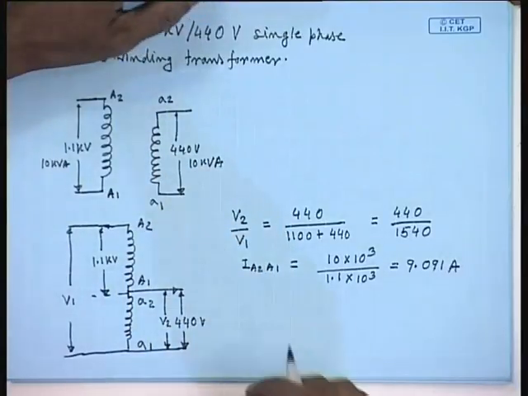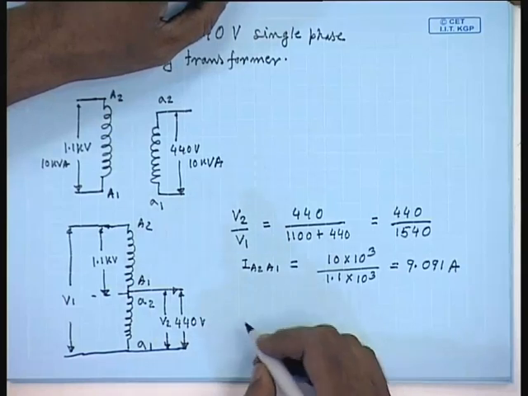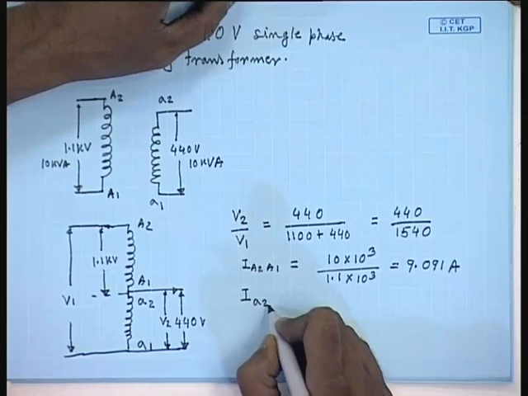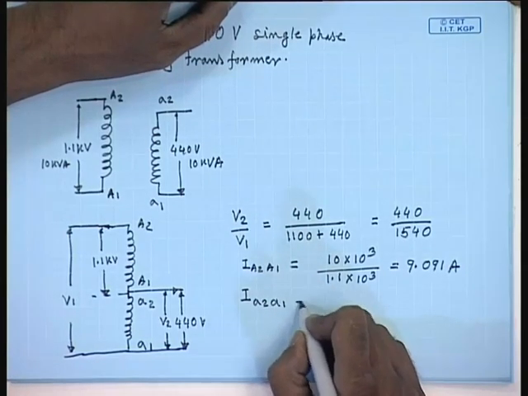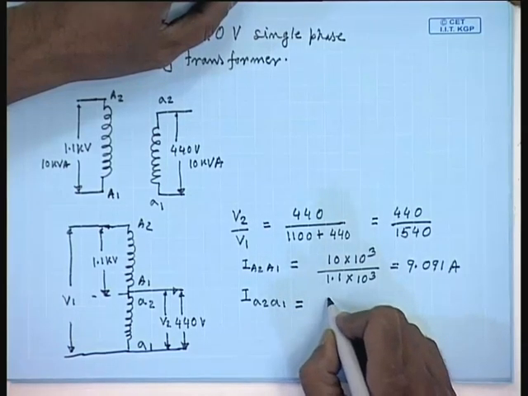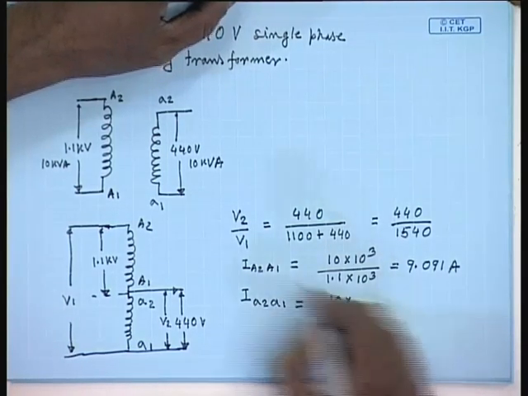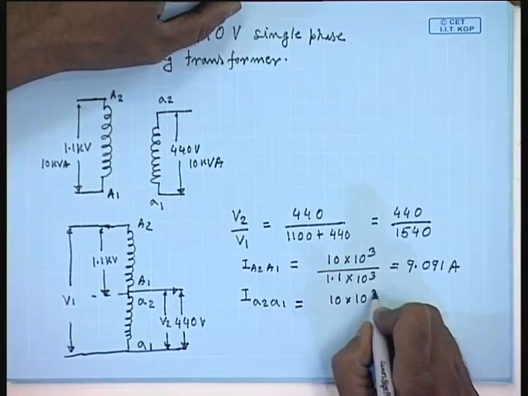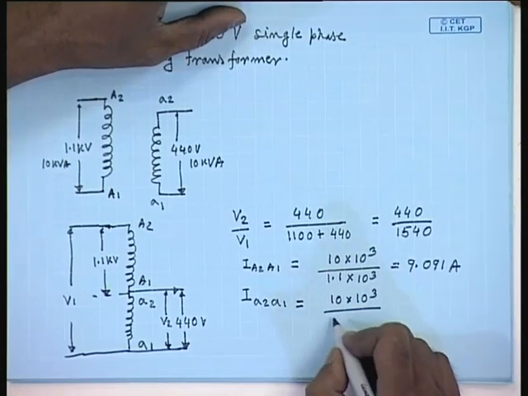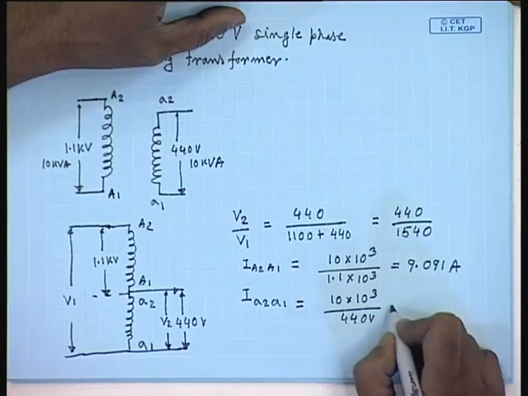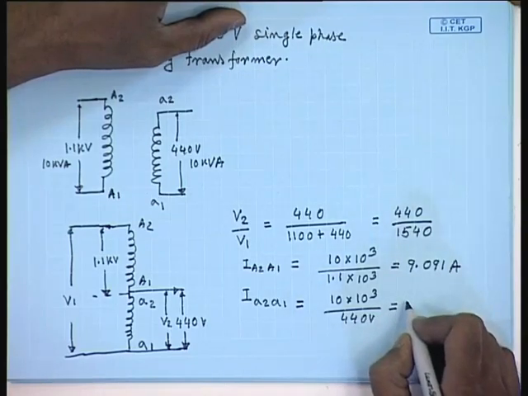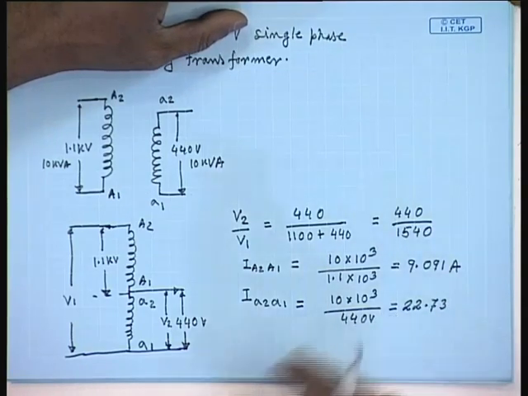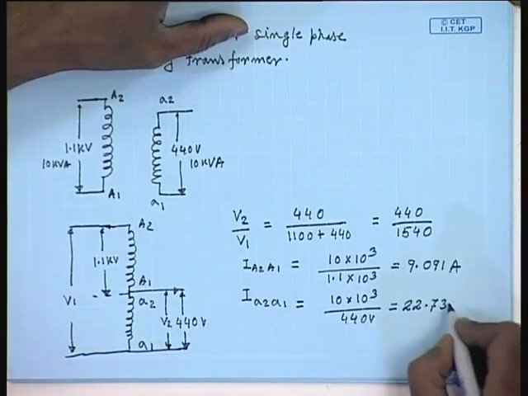The current carrying capacity of the section A2 A1 will be, that part it is again 10 kVA, because we have joined these two in series. So, the current carrying capacity does not change, divided by 440 volt. This comes to 22.73 amperes.